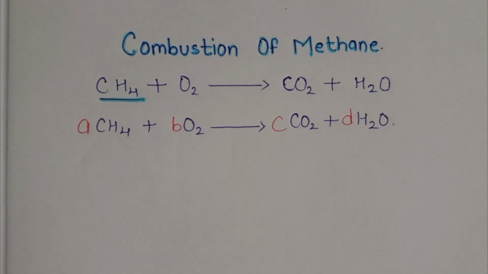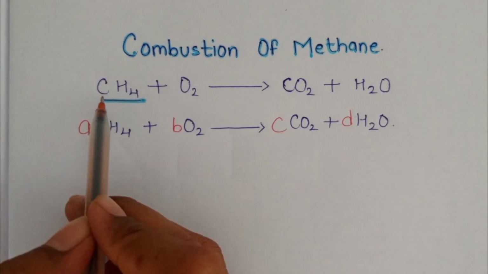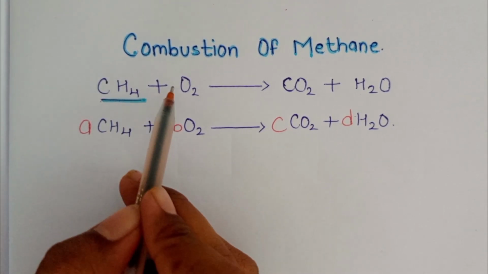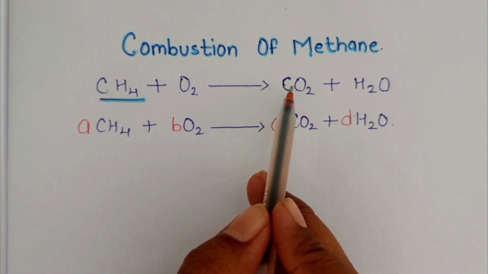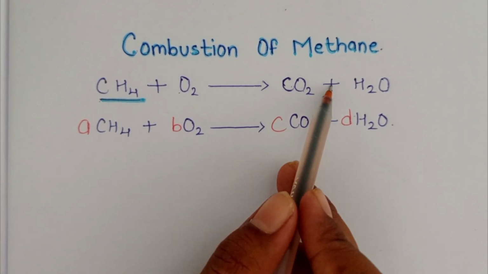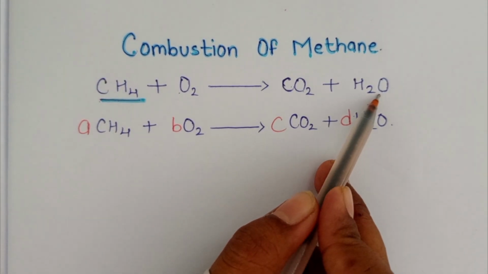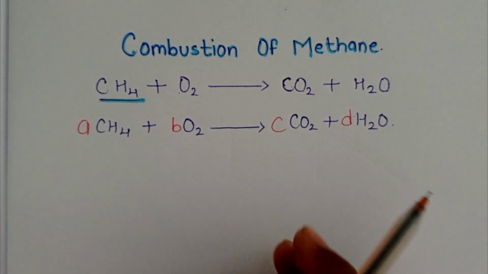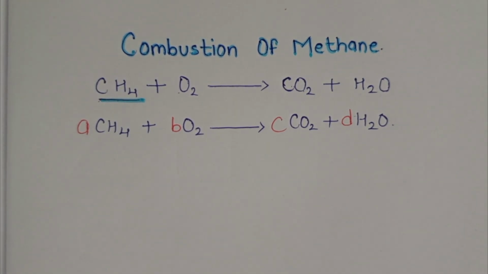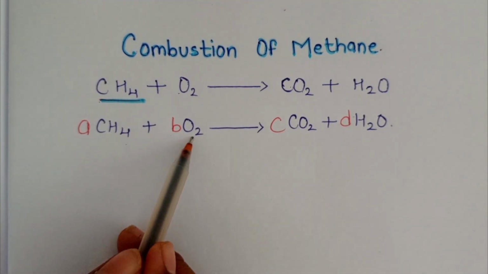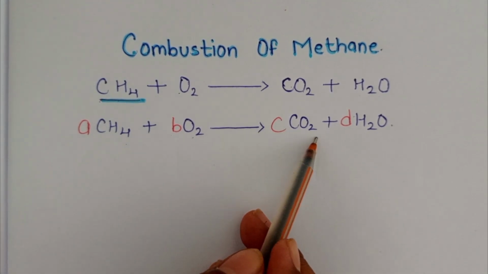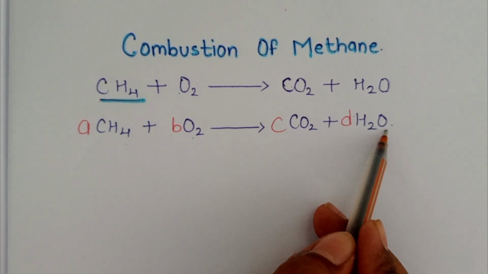Here is the combustion of methane. The equation is CH4 and O2 combine and react to give us the products CO2 plus H2O. On assigning the coefficients, we get the equation A CH4 plus B O2 gives C CO2 plus D H2O.